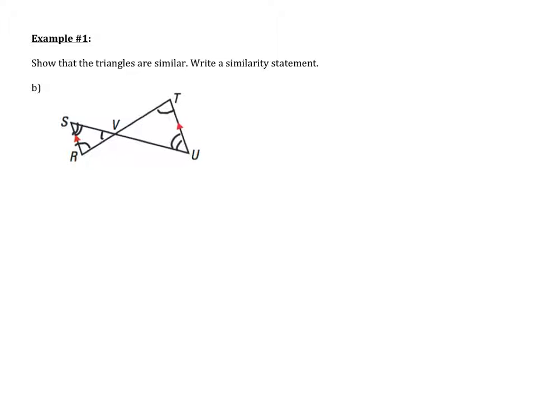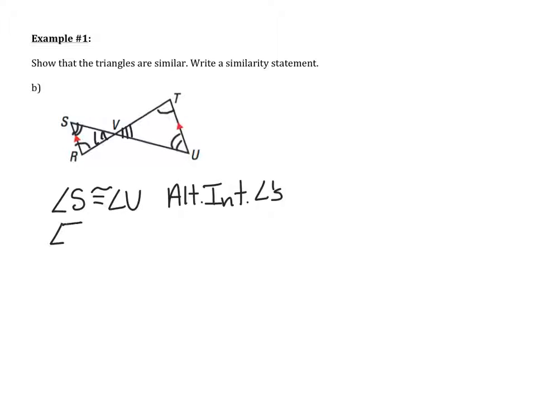So I can actually prove here that all three angles are congruent. But remember, we only need two of them. So let's just show that angle S is congruent to angle U because of alternate interior angles. And angle T is congruent to angle R because of alternate interior angles.